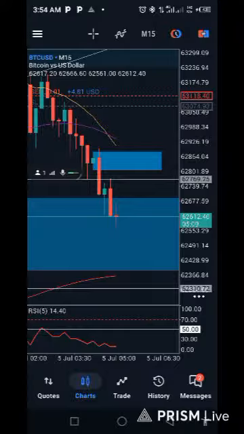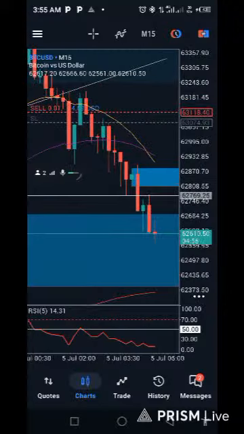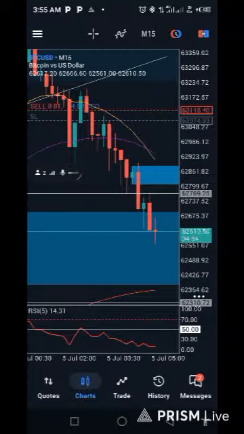For those that have been following me, I believe you took these trades because I was talking when it was still up here, even before the moving averages touched each other, came close to each other. Now you are seeing it.